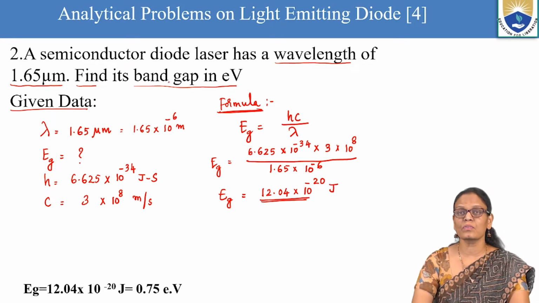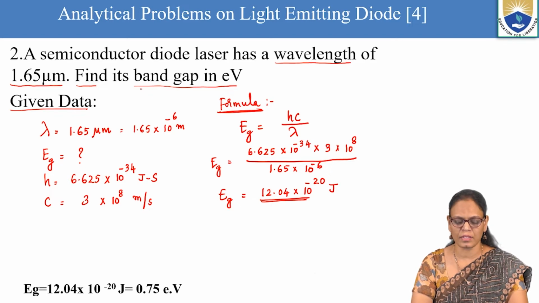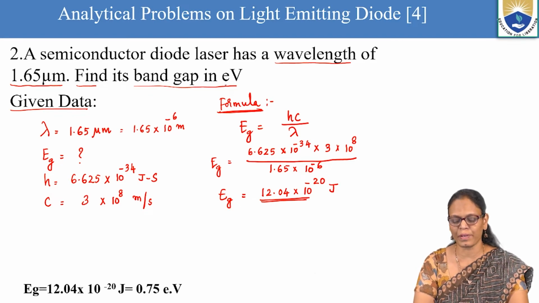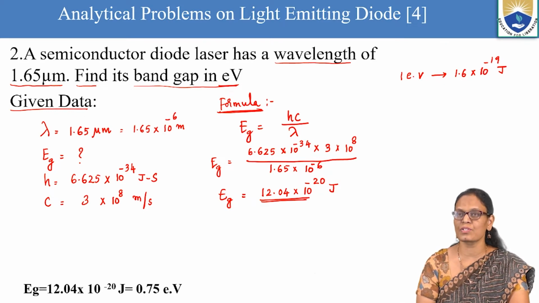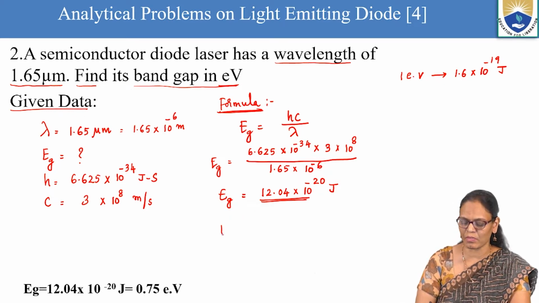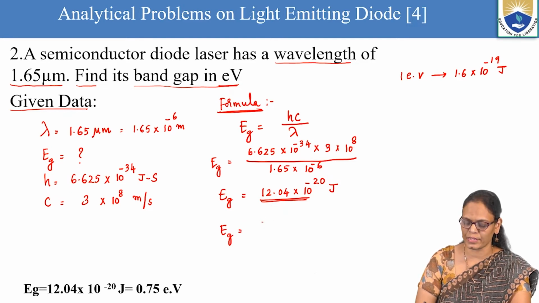But in the question, it is asked that we have to express the band gap in electron volt. So what is the conversion we have seen? 1 electron volt is equal to 1.6 into 10 power minus 19 joules. So how do we convert this joules to electron volt? We'll just divide it by 1.6 into 10 power minus 19.